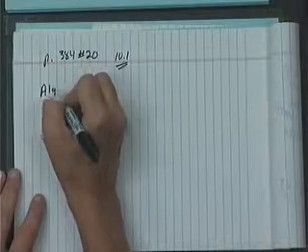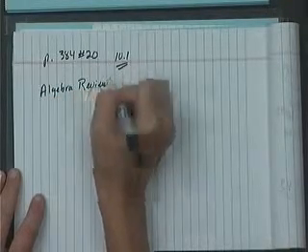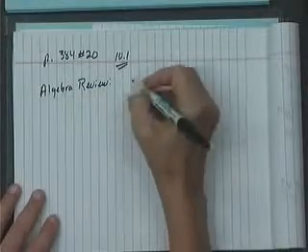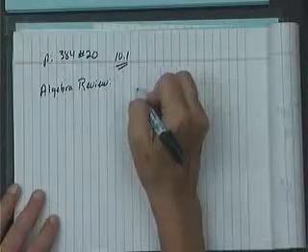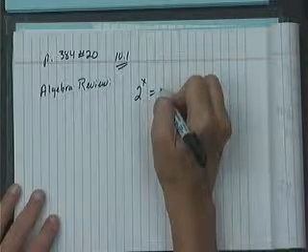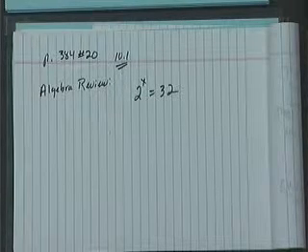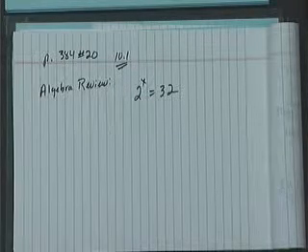We need a little algebra review. Let's do an easy exponential equation: 2 to the x equals 32. How did you solve those algebraic equations?